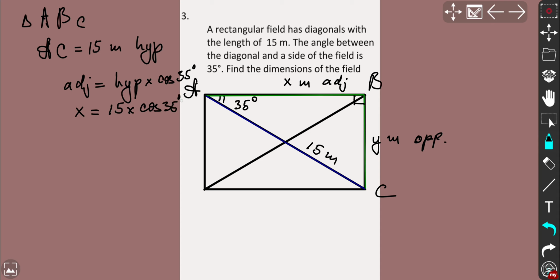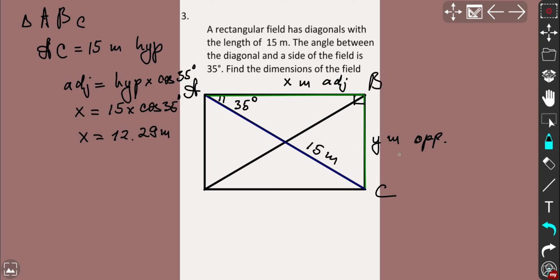It's pretty easy. Go to the calculator and calculate cos of 35. So we've got 12.29 meters. That stands for x.